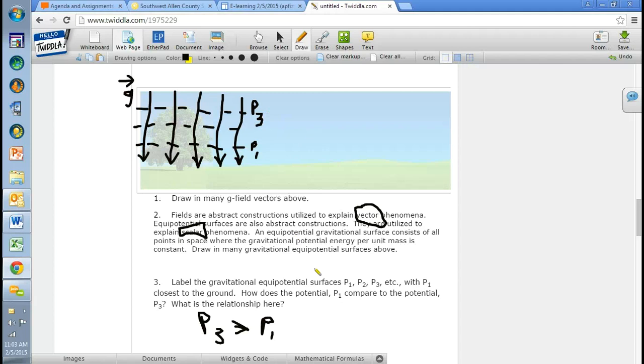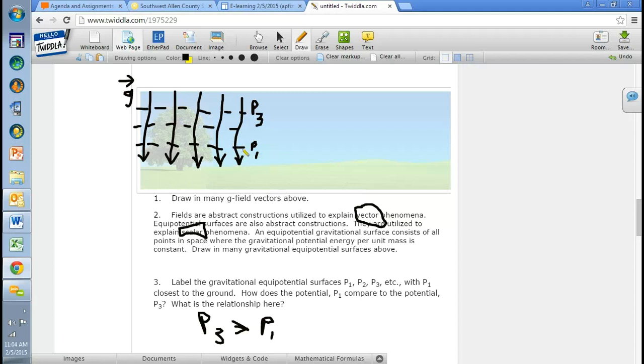All right, so what's the relationship here? P1 has lower energy than P3, so how can I figure out where the greater potentials are? Looking at my picture here. Further away, right? In fact, look at the relationship between P1 and P3 and the gravitational field vectors.